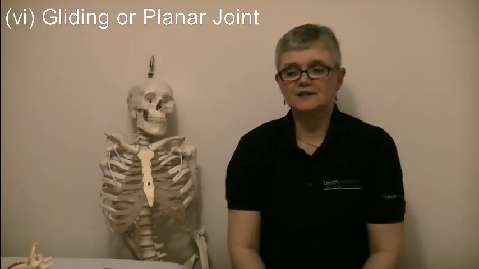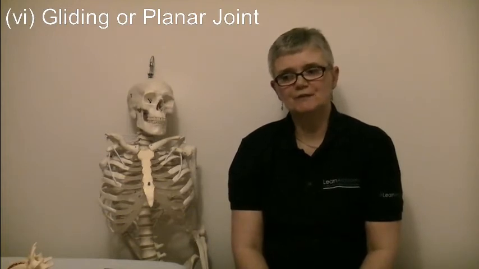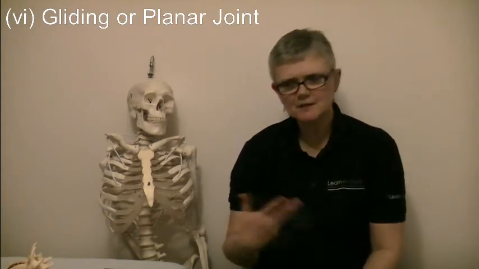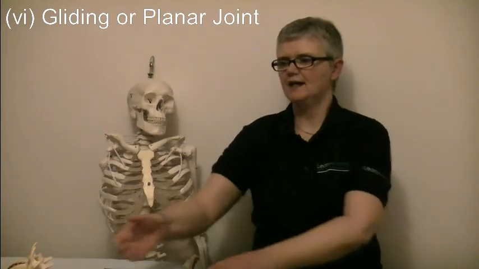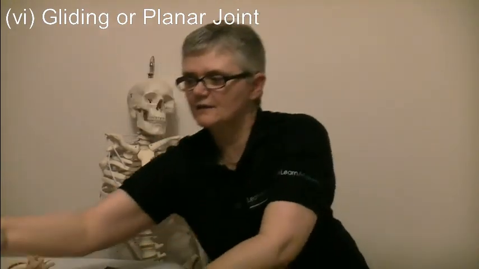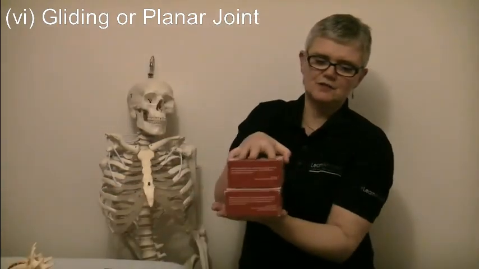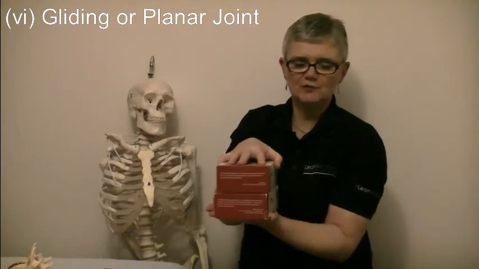The final synovial joint I want to talk about is the gliding joint, sometimes called a planar joint, and what these are simply bones which glide on top of one another.